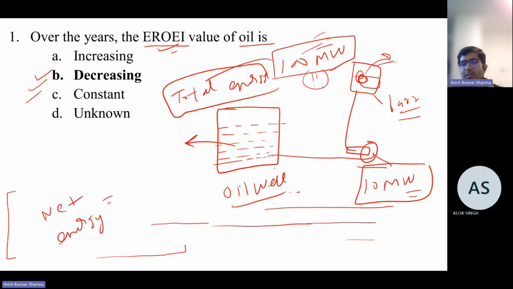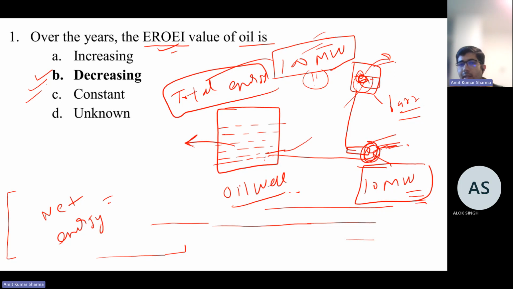No, no. This 10 megawatt is actually invested, because you are running a pump. This requires electricity, so this electricity went out. This work pumped the oil and filled your barrels.